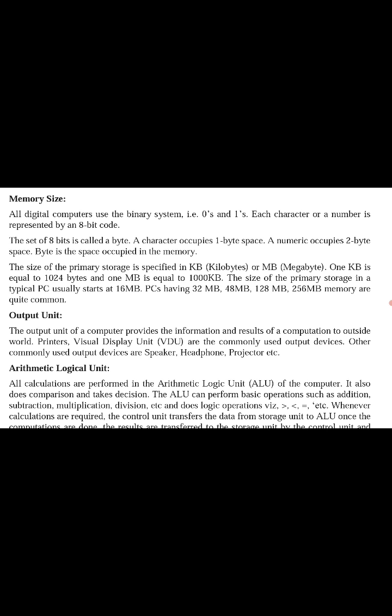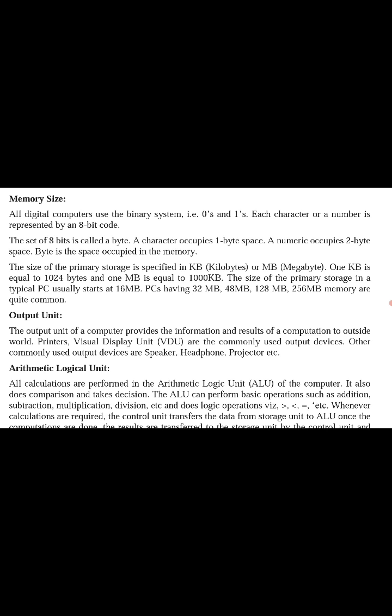Each character or number is represented by an 8-bit code. Generally, all characters, numbers and special symbols you enter at a keyboard are converted into the binary number system, as an 8-bit code. Another term we regularly use is byte, B-Y-T-E.